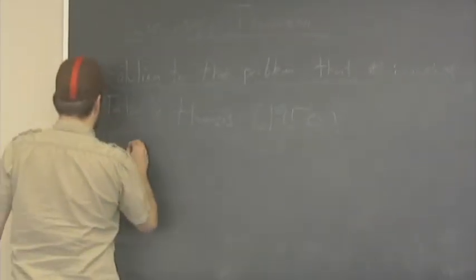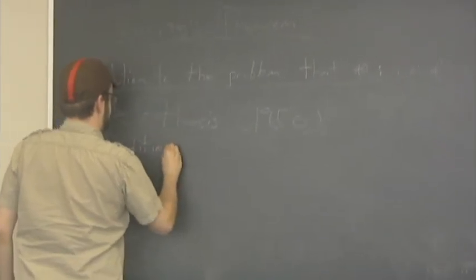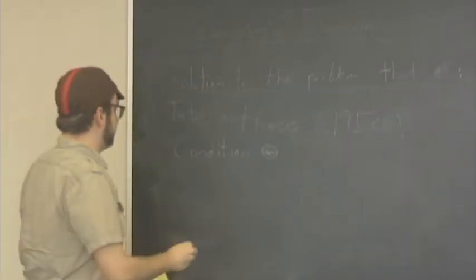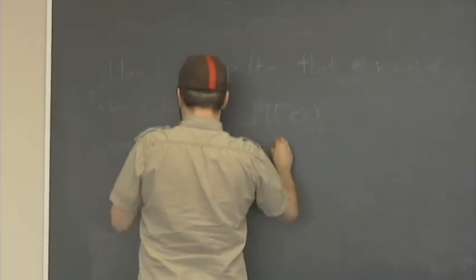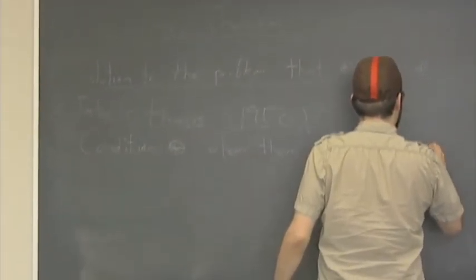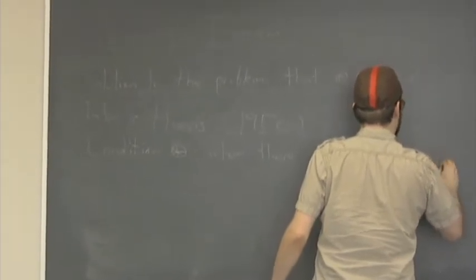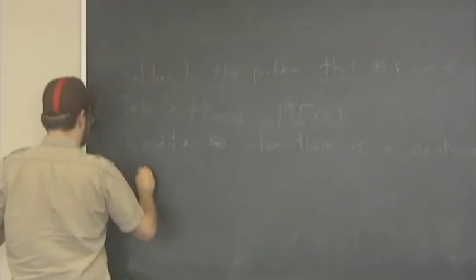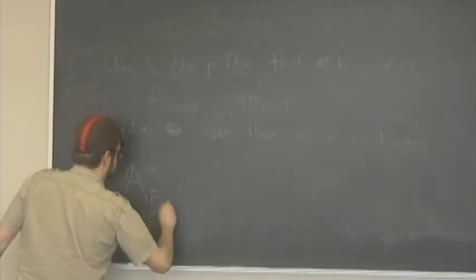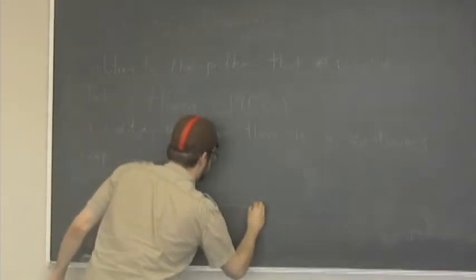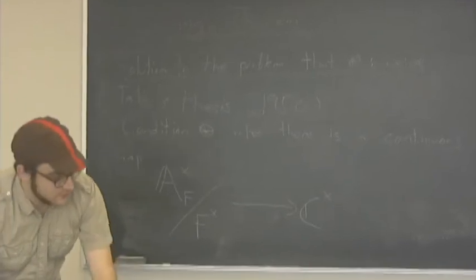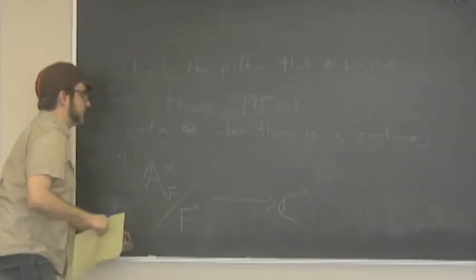More precisely, Tate shows that condition star holds when there is a continuous map, homomorphism of course, on the Adele class group. So I'm also going to call this map psi.